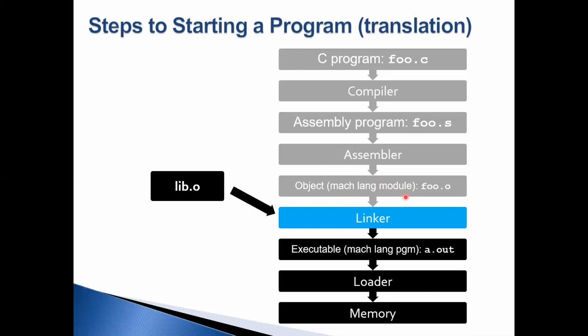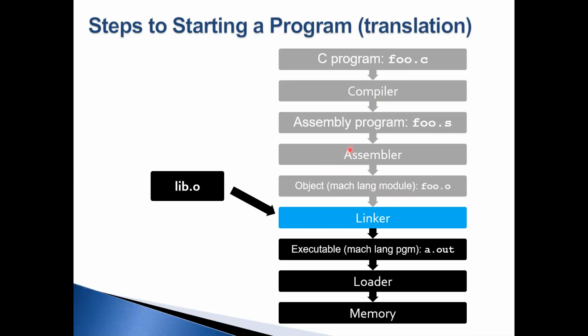Okay, and now if I have a program with many C files, we can have a group of programs, right? So one calling another file, right? So now we go into the linker.